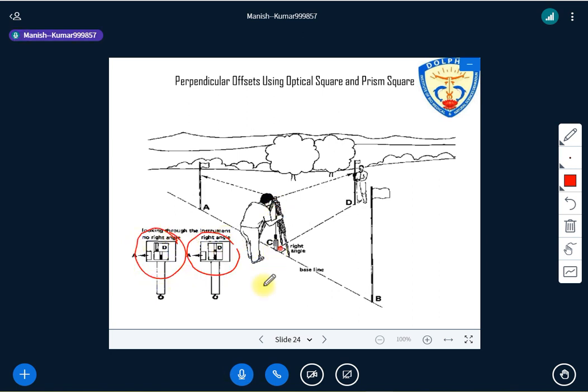But if through this instrument you get this image, because a mirror has been used in the instrument, the image of the ranging rod will be reflected on that mirror. So you have to adjust the instrument so that you get this kind of condition. If it is this condition, it means that is your perpendicular offset.